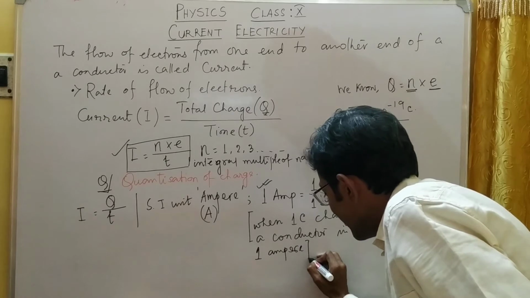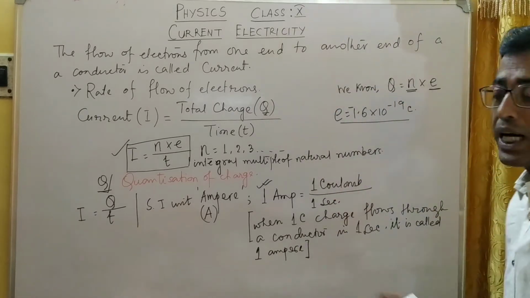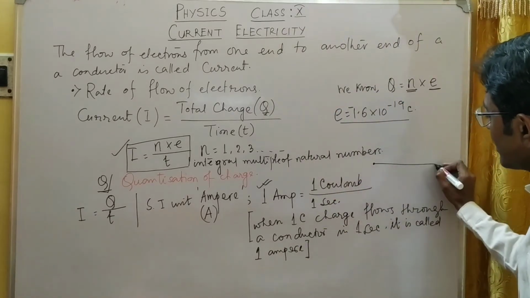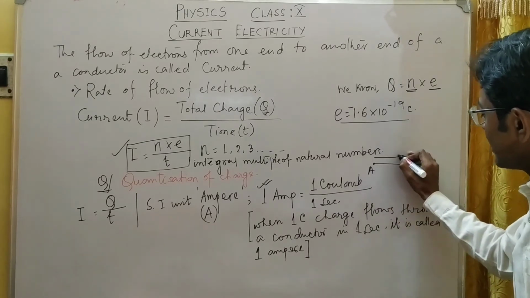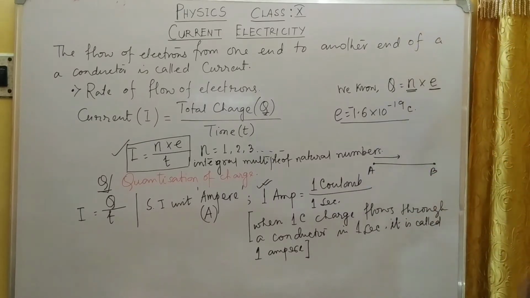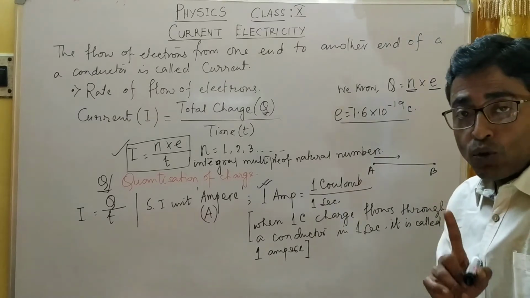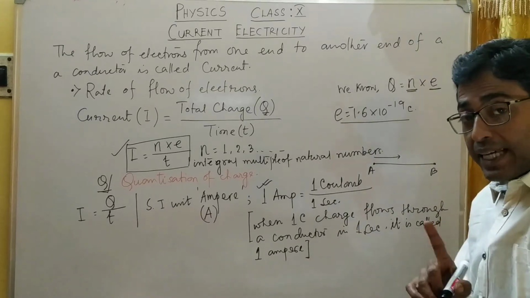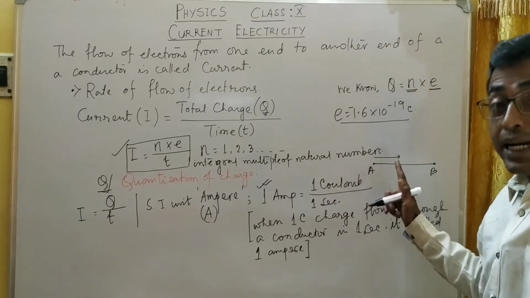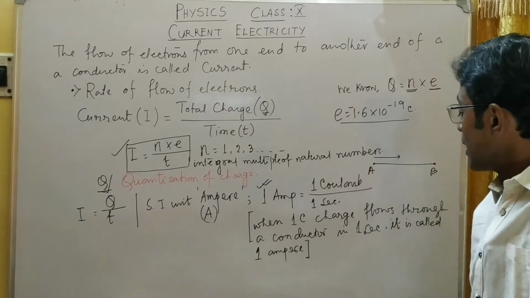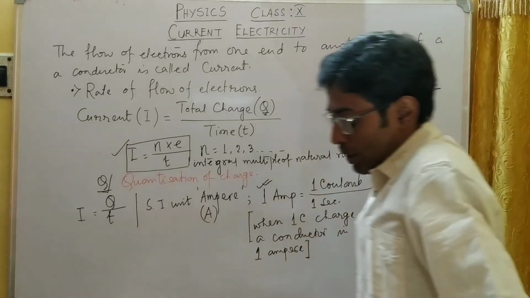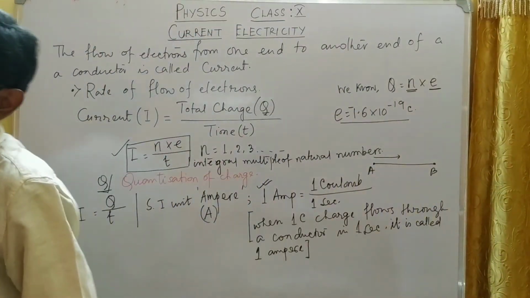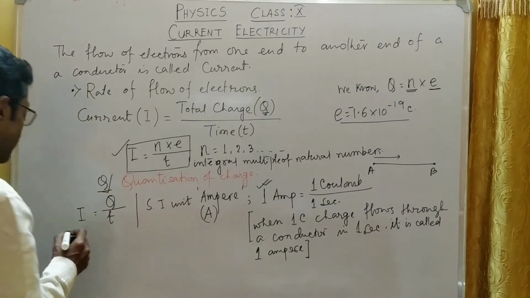Say this is a conductor, this is A, this is B, and the total charge flowing through the conductor is 1 coulomb in 1 second. Then the current flowing through AB is 1 ampere.